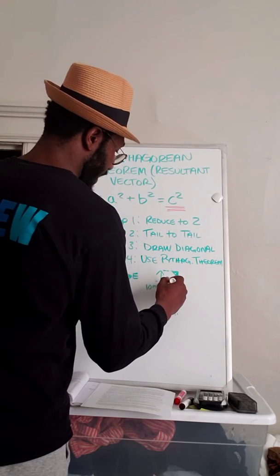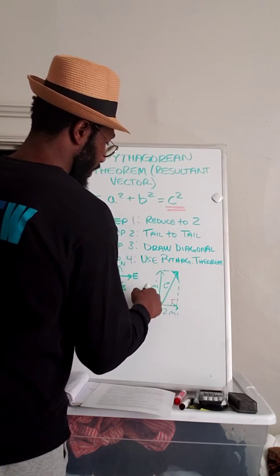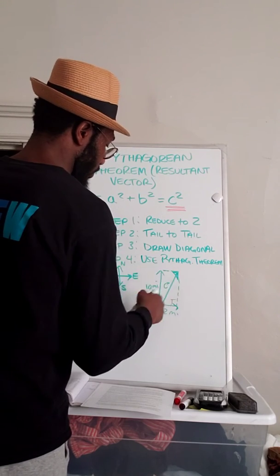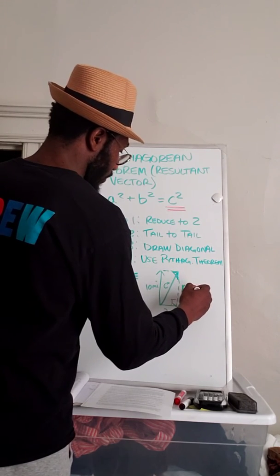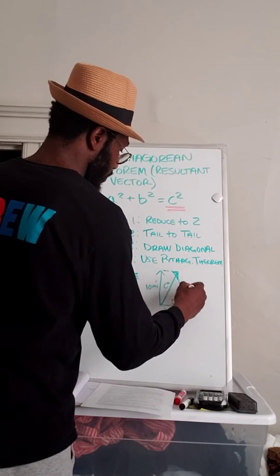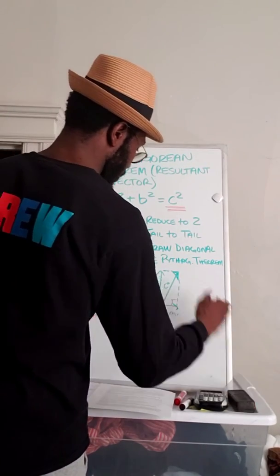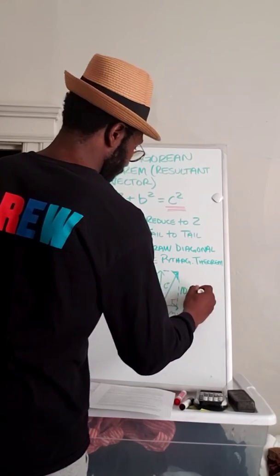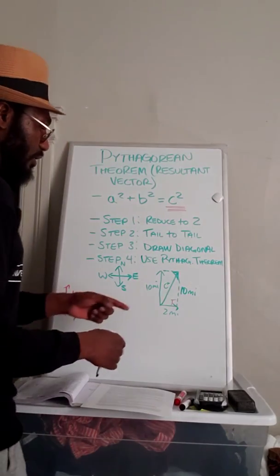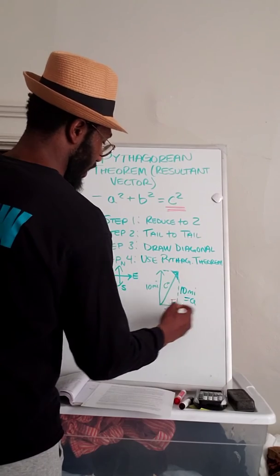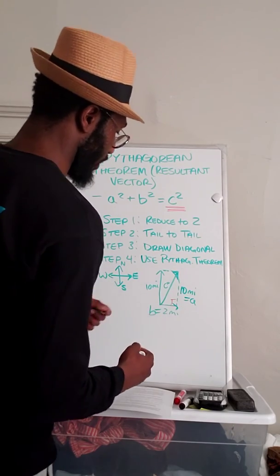I know that the diagonal is my hypotenuse C. And because these lines are parallel, I'm going to say, those are going to be equal to each other because it's a rectangle. So these parallel lines are equal to each other. So 10 miles over here, 2 miles down here. Doesn't matter which side I label A or which side I label B, okay?